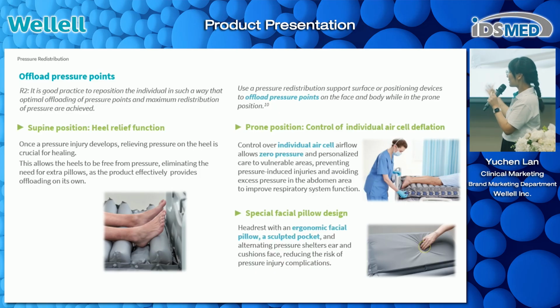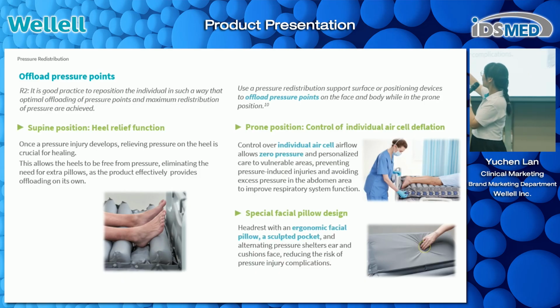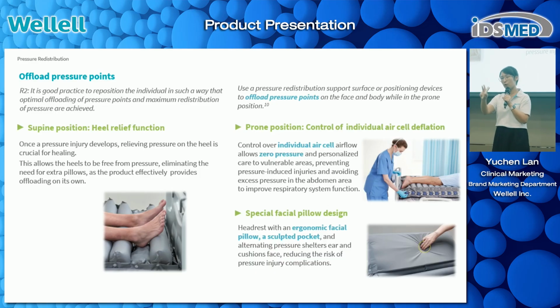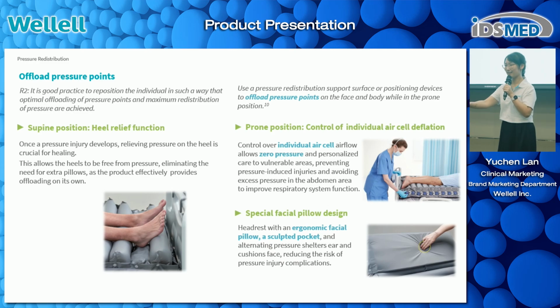Other designs to relieve pressure points, of course, include the most clear one, to offload the pressure point directly. We know that the most frequent pressure injury places are, one, the sacrum, and second, the heel, right? So for the air mattress, we could have a design to offload the heel part. Later, we could try it in the demo part.